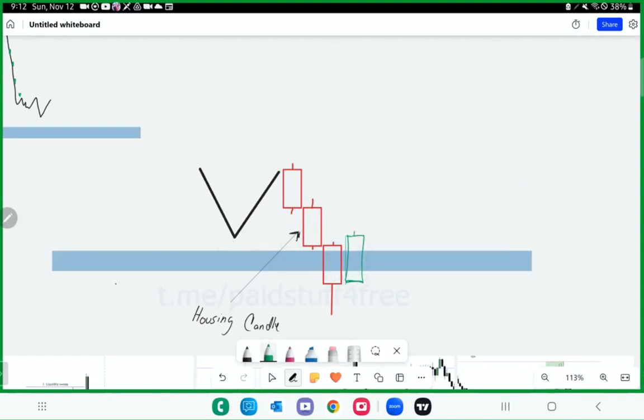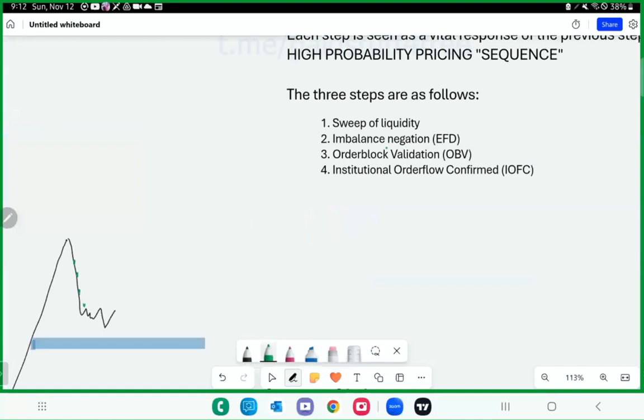Nothing significant yet. The next thing we see is this up close candle here, trades higher, and we get a body closure. So remember, step 1 is sweep. Step 2 is imbalance negation.